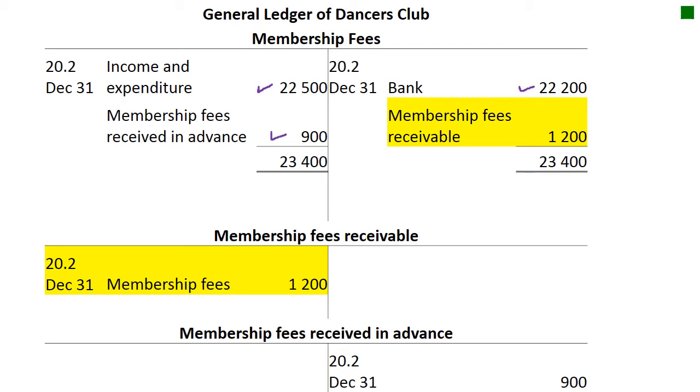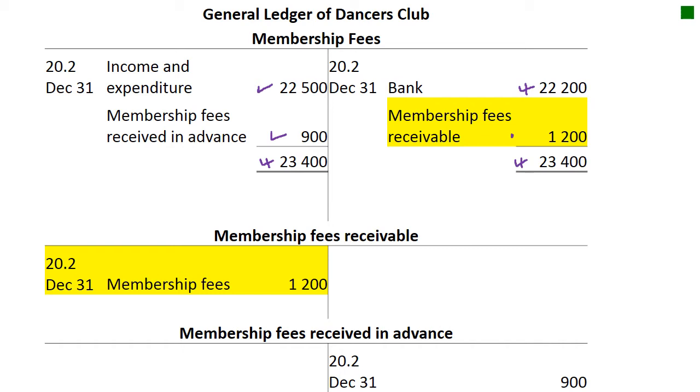So that's why that gets taken out, which means that if we have to balance this account now, the debit side adds to 23,400. If we take the 23,400 across and we subtract the amount we received for the bank account, it leaves us with a balancing amount of 1,200, which if you divide by 300 gives you 4 members.